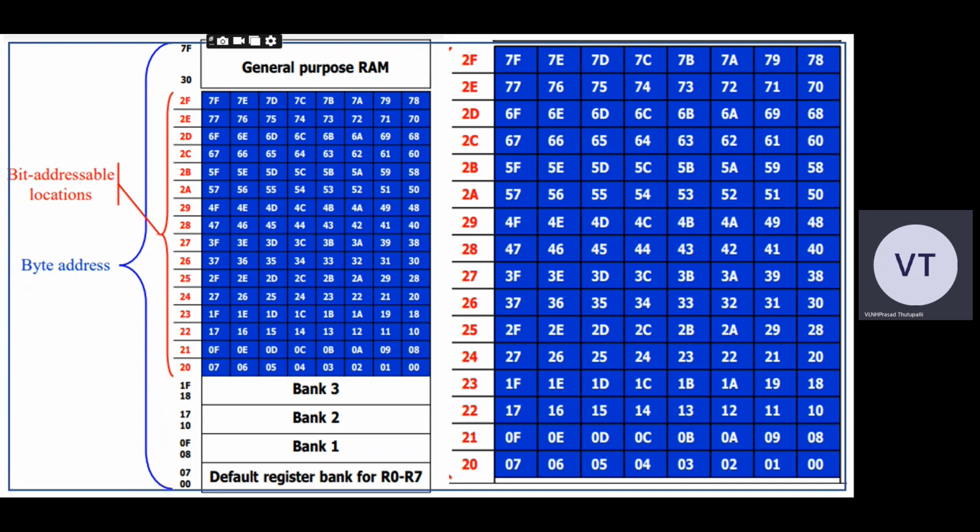So when you can complete a given task by using a single bit, why waste 8 bits? That is the main concept in this bit addressable area. So these are the byte addresses and these are the bit addresses.